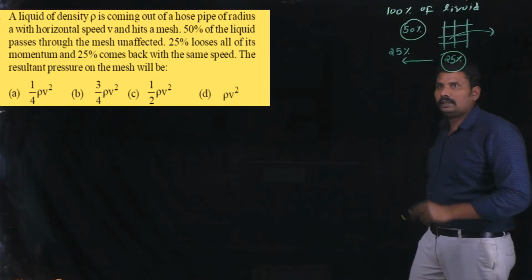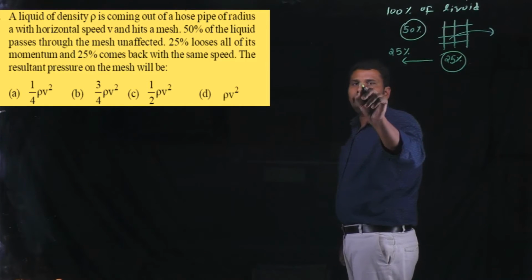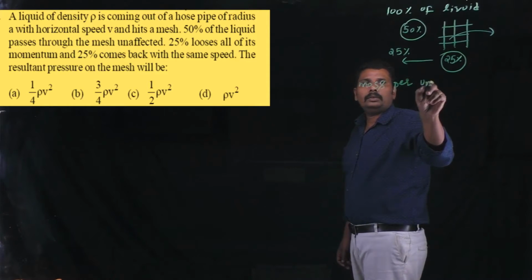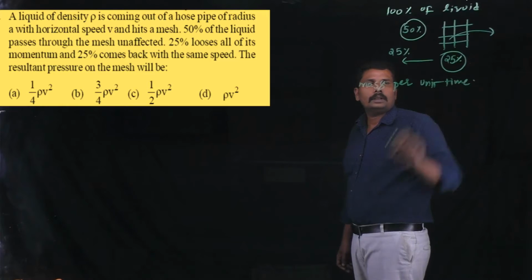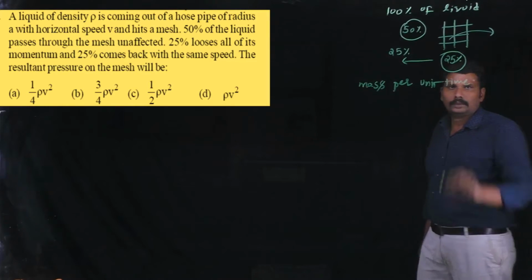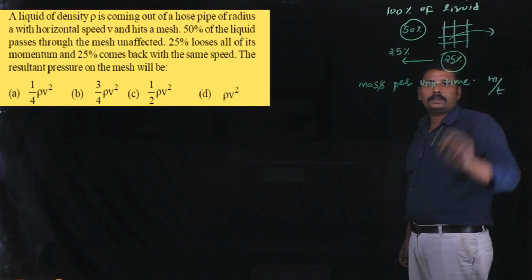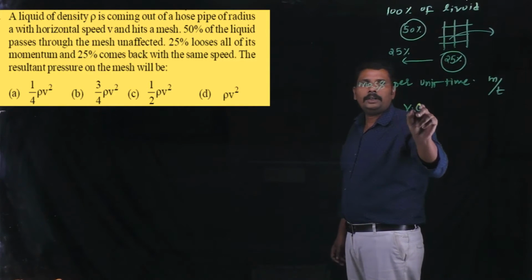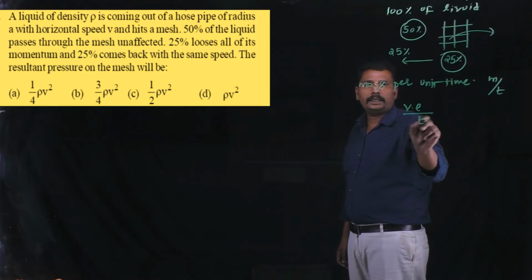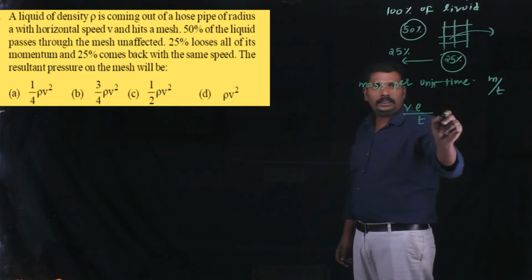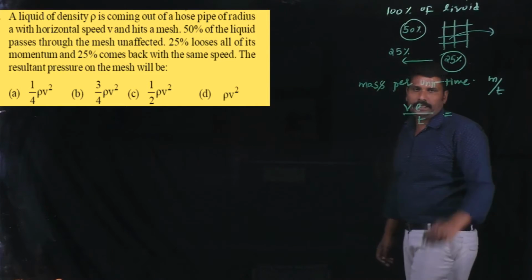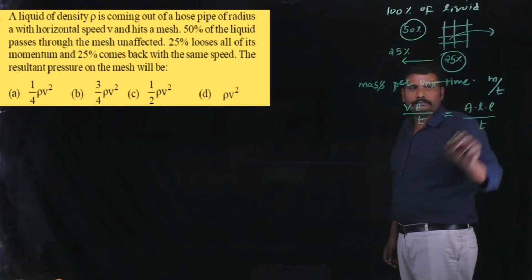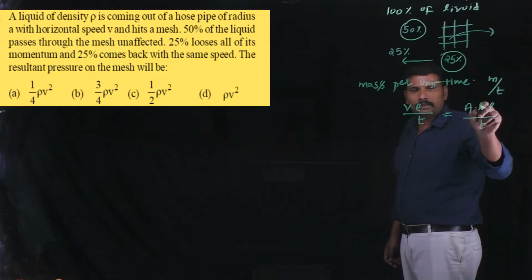First of all, mass per unit time is m by t. We all know the mass is nothing but volume into density, by t, and this volume can be written as area into length into density by time. This length is nothing but distance or displacement.